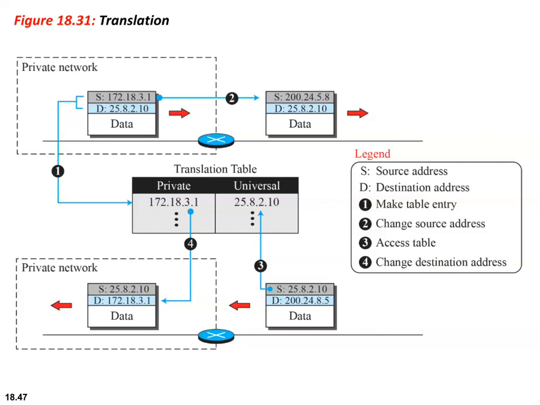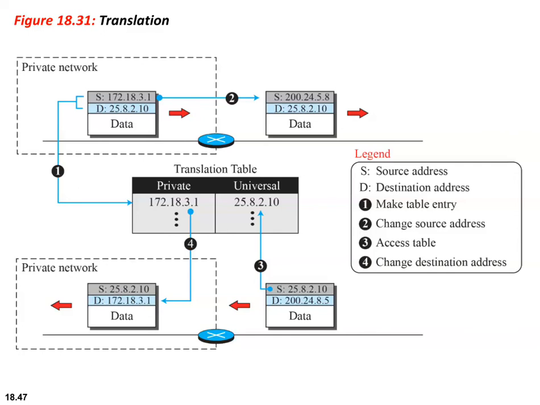And looking at the translation table, whenever this is the source address, it looks into that address which was the destination universal address, and it will map that destination address to that private address which maps with that of the universal address, which will be the source address, which you can see in the translation table.